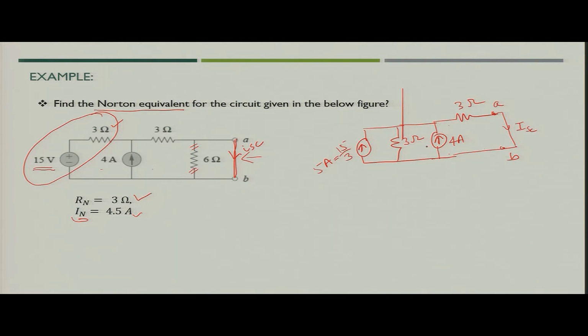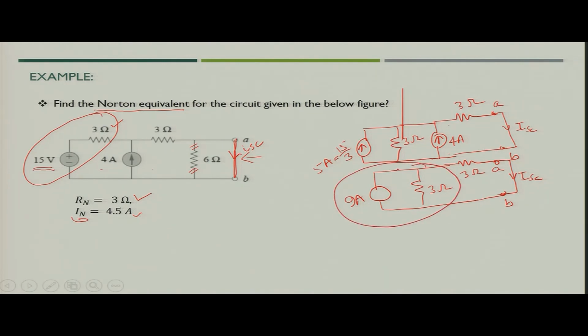Now, if you see these two current sources are in parallel. So, for the updated current source, you can add both of them and it will become 9 ampere. Then you will have 3 ohm resistance in parallel, another 3 ohm resistance in series, and then you have short circuited the terminal A B. Now, you can again transform the circuit back into a voltage source and one resistance in series.